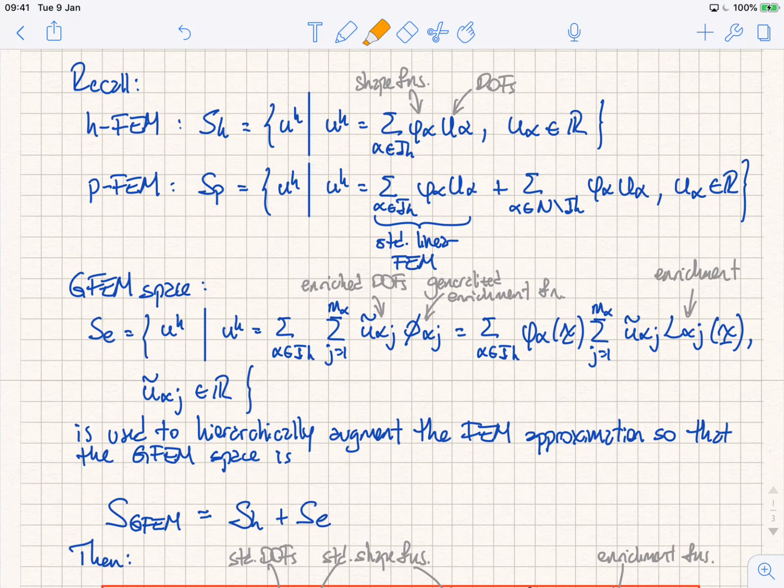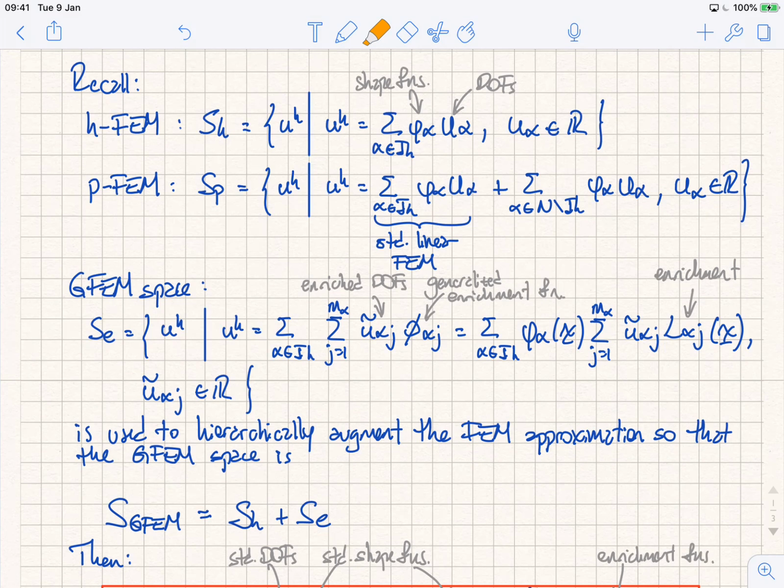And then we defined the generalized finite element space by first defining the enriched space, right, that contains these enrichment functions and enriched degrees of freedom, and then by adding the hierarchical, enriched space to the standard finite element space, and then we're calling that our GFEM, or generalized finite element method space.